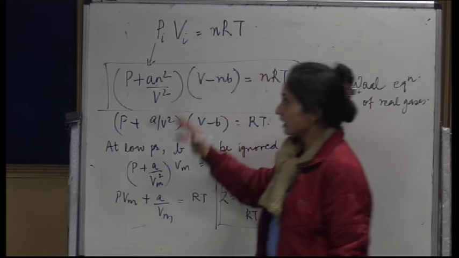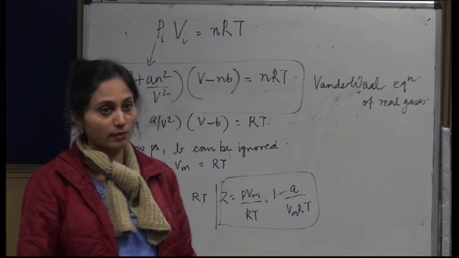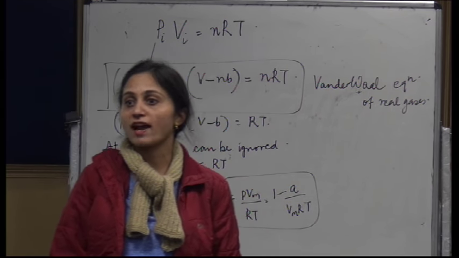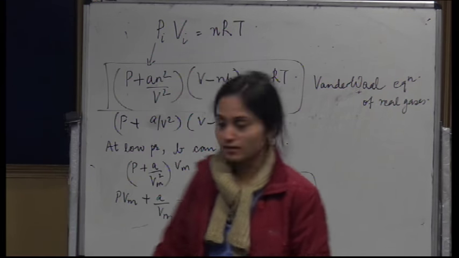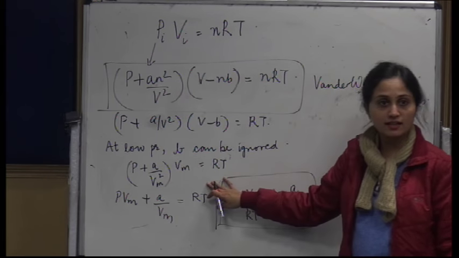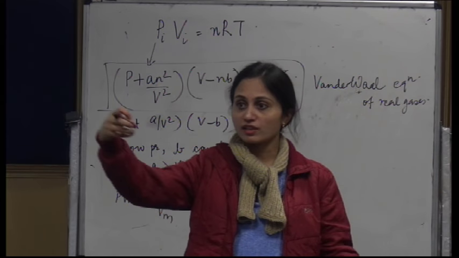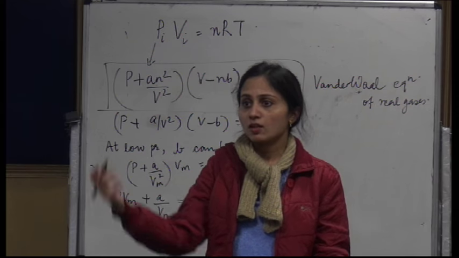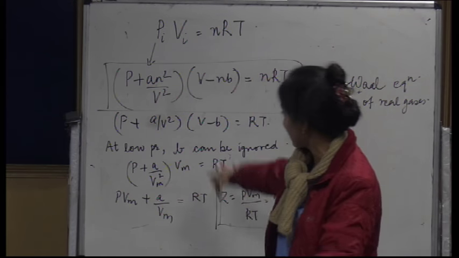I repeat it again. What we have is P plus A n square by V square into V minus nB is equal to nRT, your van der Waals equation. ठीक है? For 1 mole, we have just taken and simplified the expression like this. अगर हम low pressure की बात करें, if in case you have a low pressure, then you will have a negligible B. Why? Because the molecules will not interact. Low pressure means they're just not interacting, so B can be ignored.